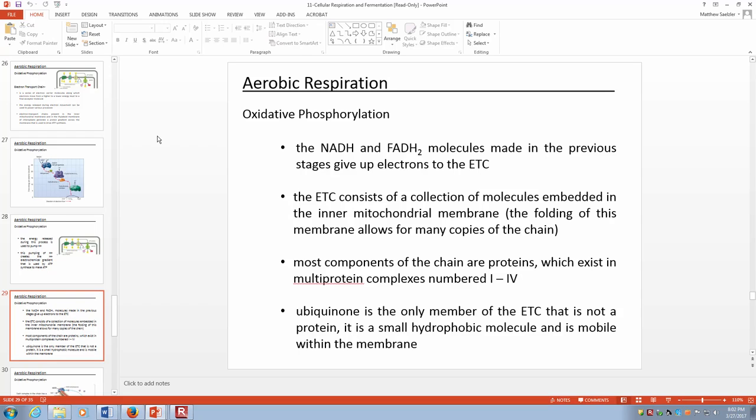And then the electrons from the cytochrome BC1 complex are passed to cytochrome C. And then from cytochrome C, the electrons are passed to cytochrome oxidase. And cytochrome oxidase, we said, also pumps hydrogen ions into the intermembrane space.